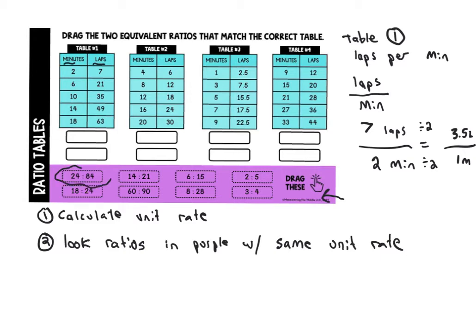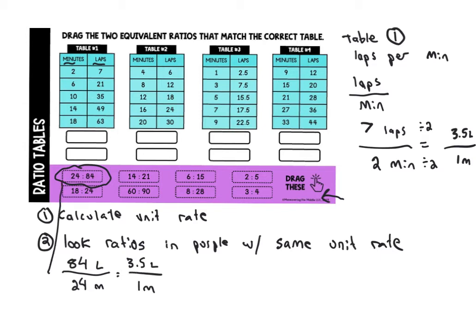All right, I'm just going to go ahead and start doing some calculating. This first one would be 84 laps in 24 minutes. So if I divide both top and bottom by 24, 84 divided by 24 is 3.5 laps in 1 minute, okay?